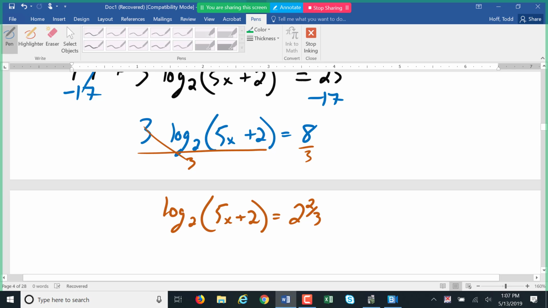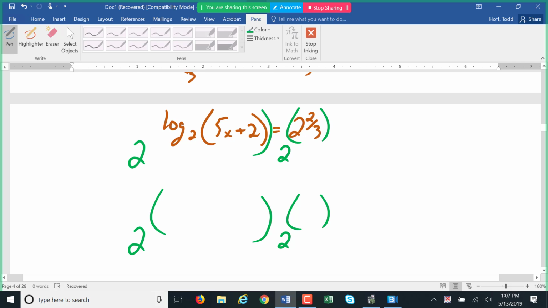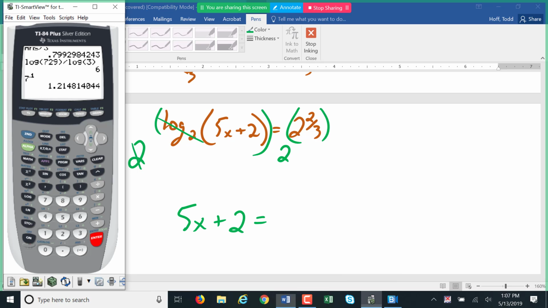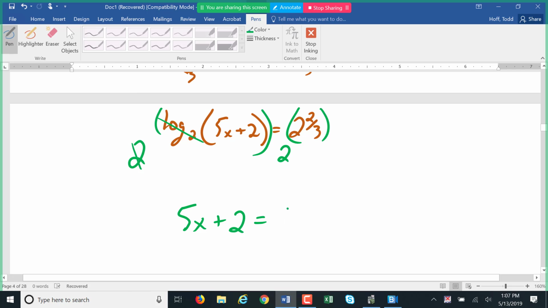And then? The base 2. Yeah, exponent with a base of 2, 2 to the power of. Cancels out the log. So we've just got 5x plus 2 on the left side. 2 to the power of 2 2/3 is 6.350.